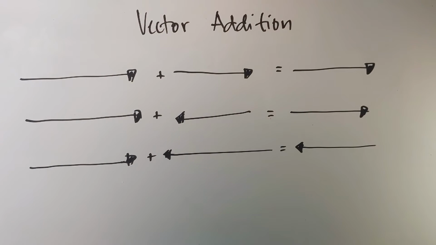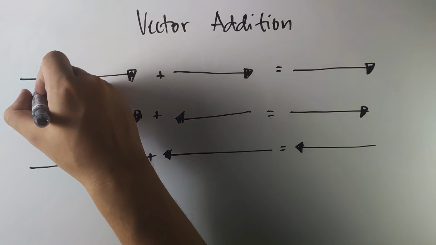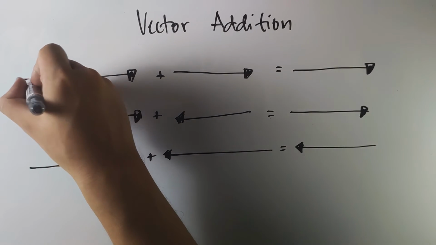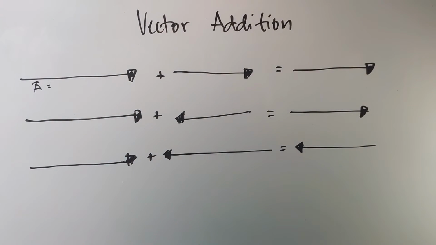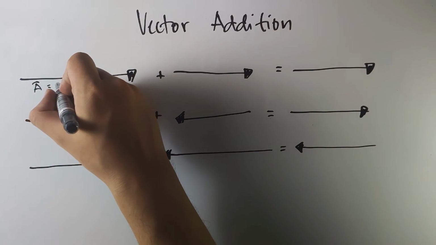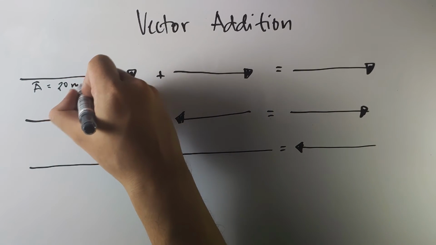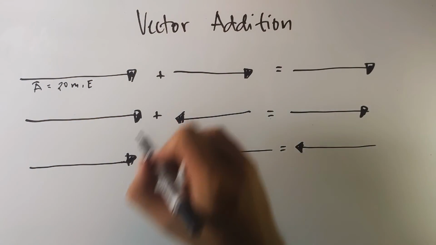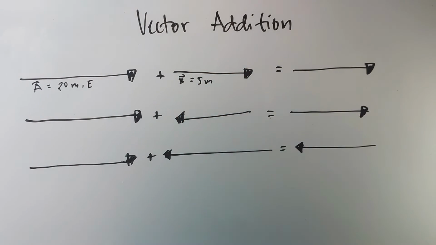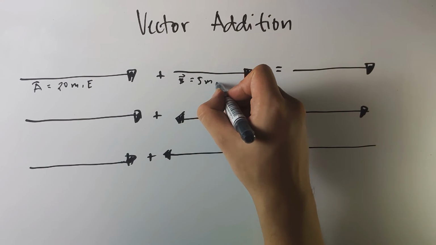This is the easiest one, when the vectors are on the same axis. In this case we have vectors on the x-axis. Let's name this one vector A, going to the east at 20 meters. Then we have vector B, which is 5 meters going to the east as well.